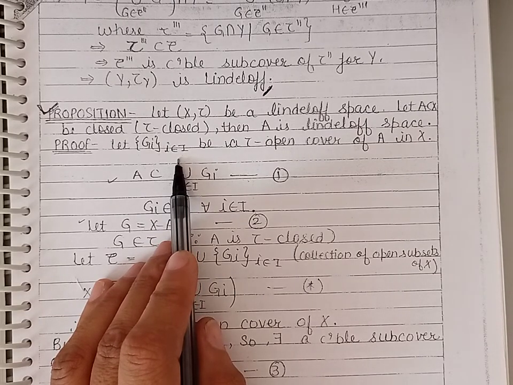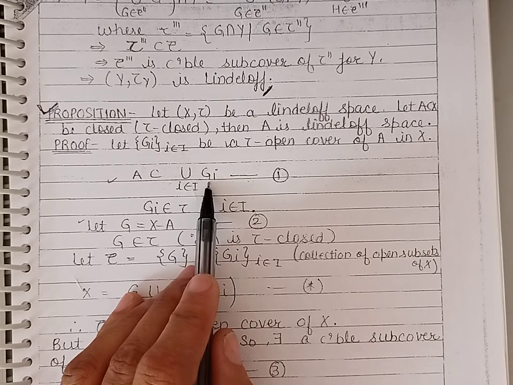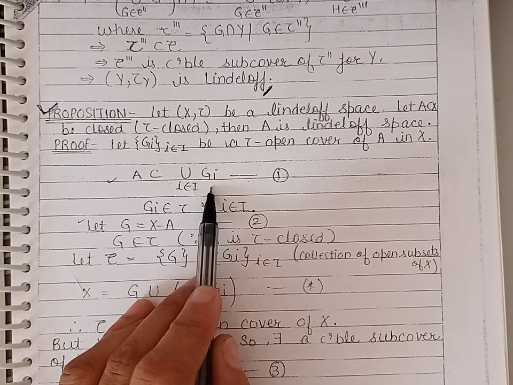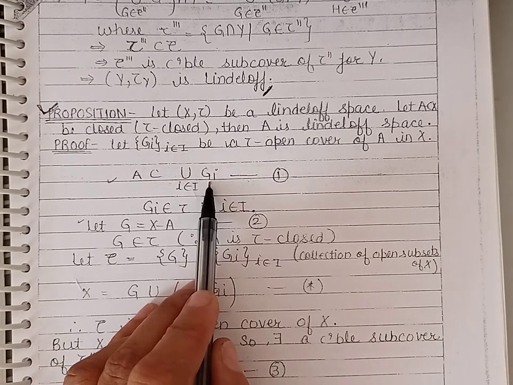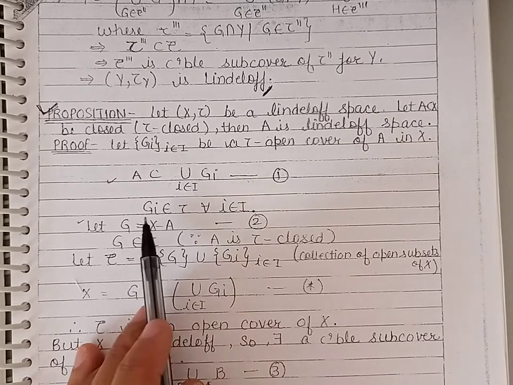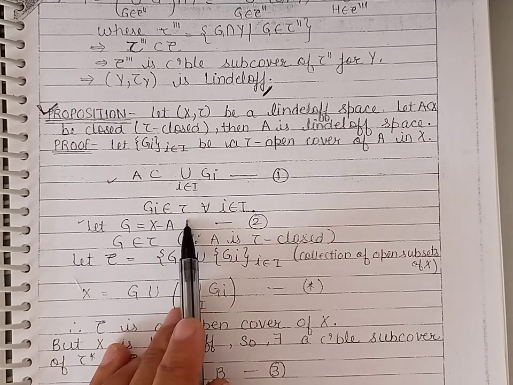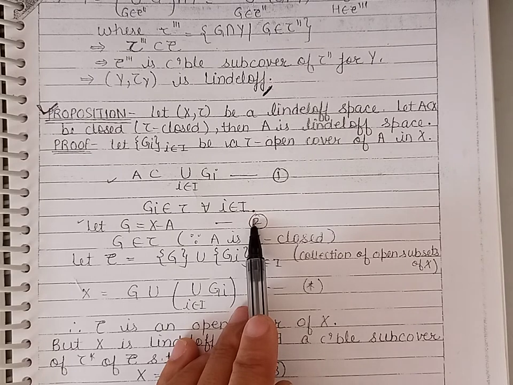So by definition of open cover, A will be contained in the union of the members G_i, where G_i are the members from the open cover of A. Now, these G_i are from the open cover, which means these are open sets of the topology τ. So, we can say that each G_i belongs to the topology τ for every i belonging to the index set.